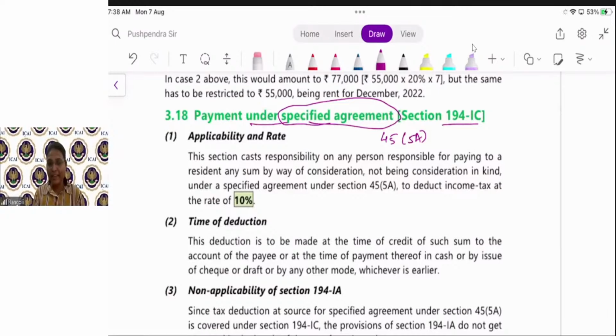So when the developer of the building, that is the builder, is making payment in cash, on the cash component, the developer will deduct TDS at the rate of 10%. The TDS is required to be deducted at the time of credit or at the time of payment, whichever is earlier.